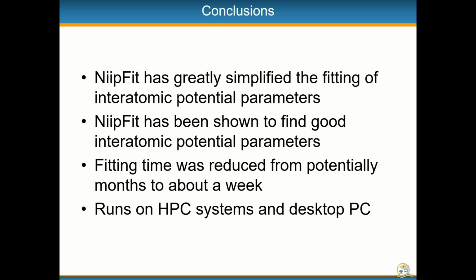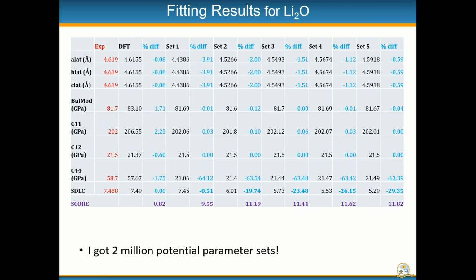Okay, well, in conclusion, the program has simplified the process of fitting interatomic potentials. We typically used to take months to fit these potentials. Now, I think 1 week is usually enough to get very, very good potentials. I think if you look at set 5, some of the properties are very close to experimental values.